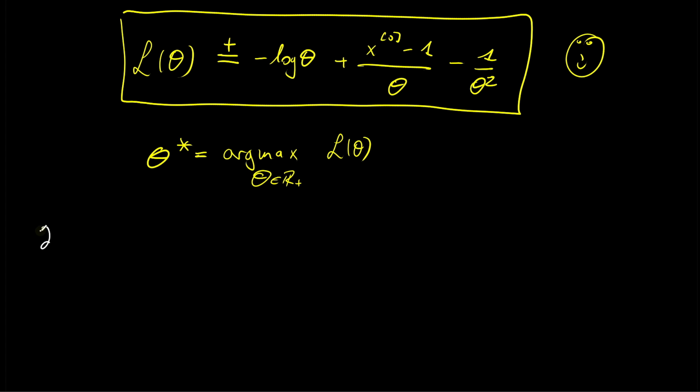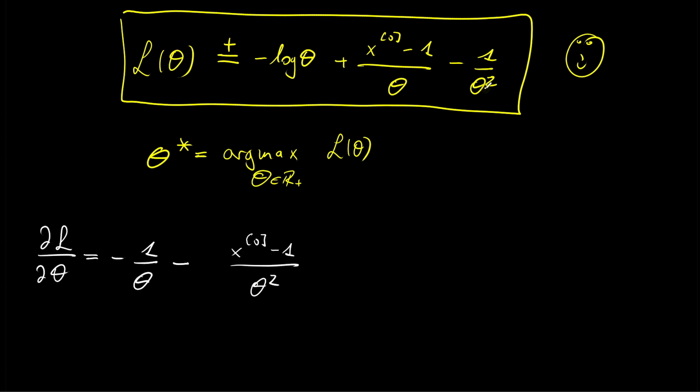So we will do dL by d theta. And the last steps before we have our closed form solution, so bear with me. The derivative of logarithm of theta with respect to theta will of course be 1 over theta, so with the minus it is minus 1 over theta. Then here we have the derivative of theta to the minus 1, which gives us minus x0 minus 1 over theta squared.